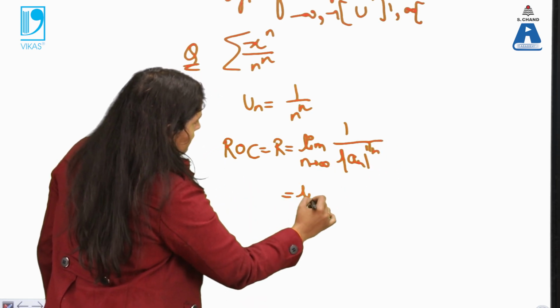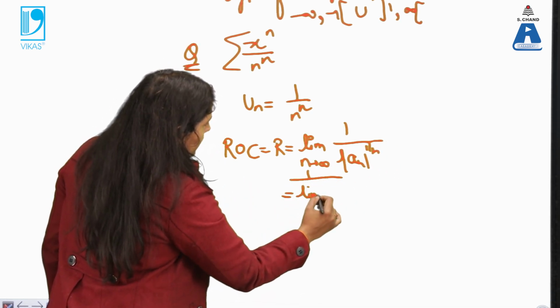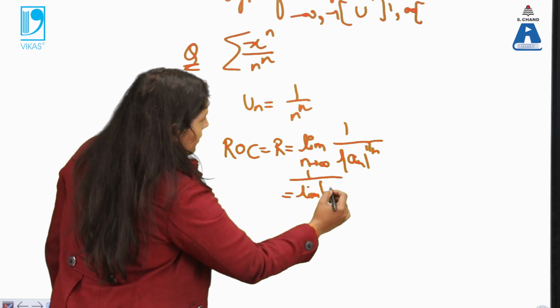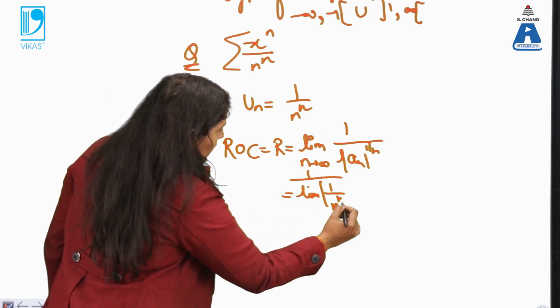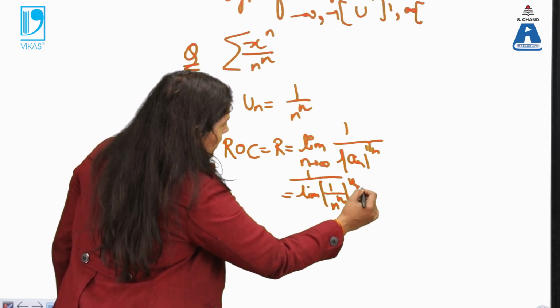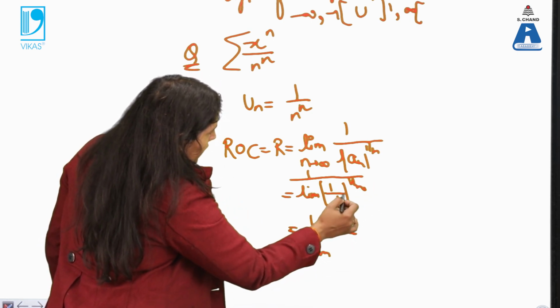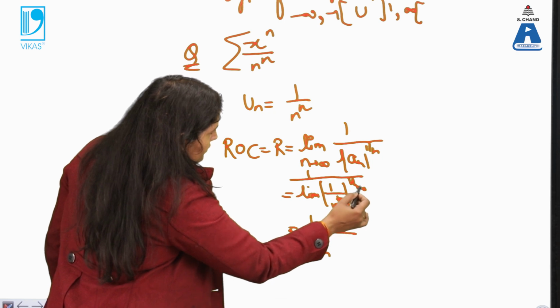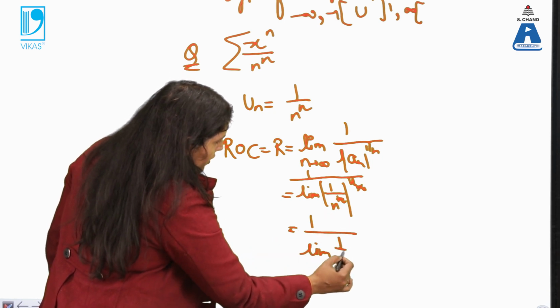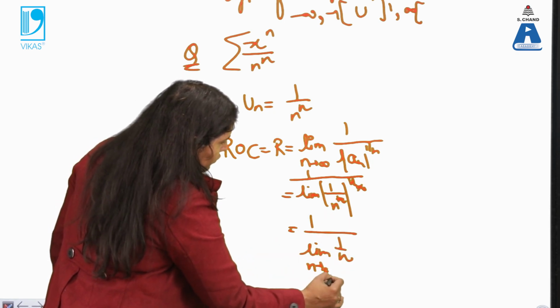So it is 1 upon limit of a_n to the power 1 by n, which is 1 upon n to the power n to the power 1 by n. Just separate it. So n will get cancelled, and this gives limit 1 by n tending to infinity.